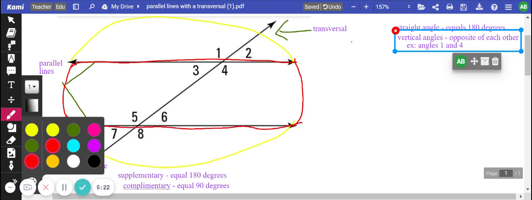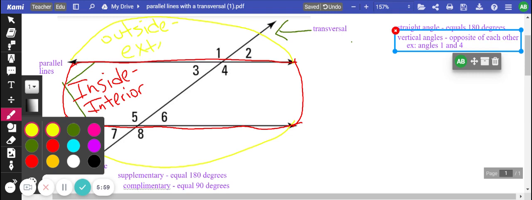Okay. Everything inside that hamburger is going to be interior. Okay. And then we also have everything that is on the outside of the meat, which would be in the bun. So that's going to be outside, and that's going to mean exterior.